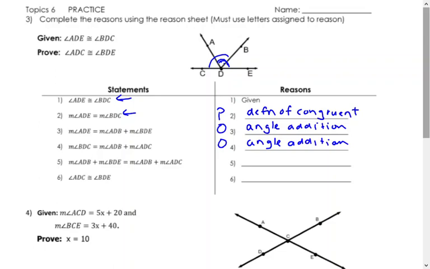Number 5 is possibly a little bit confusing. So let me see where we're coming from here. We're starting with ADB plus BDE. ADB and BDE, and that is coming from line 3, ADB and BDE.